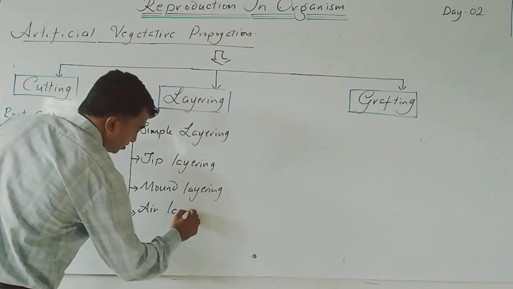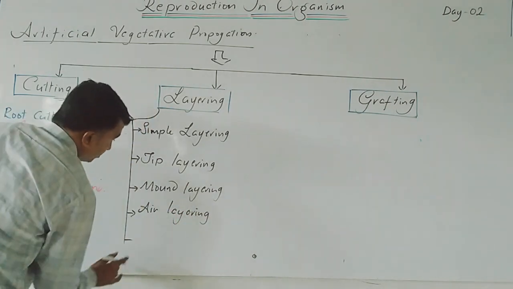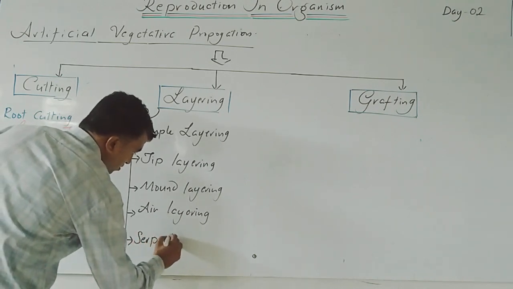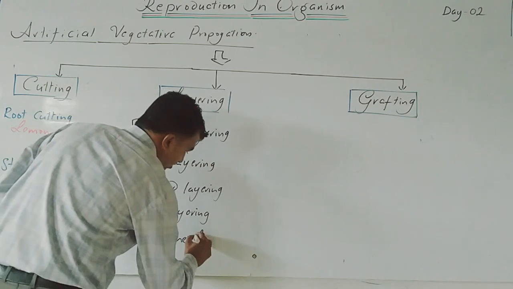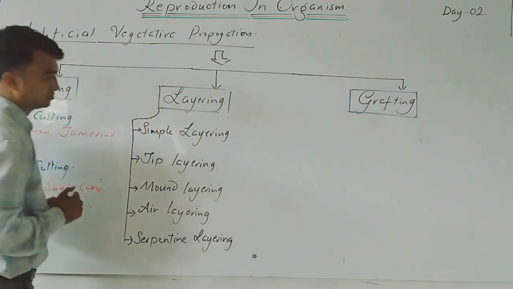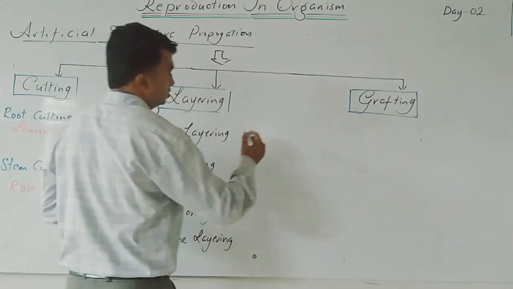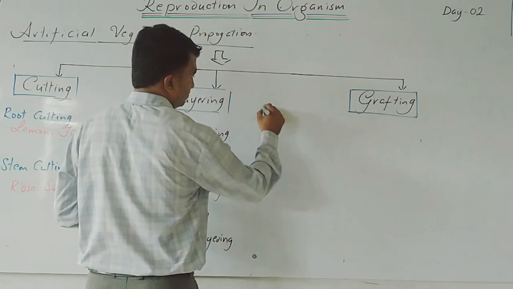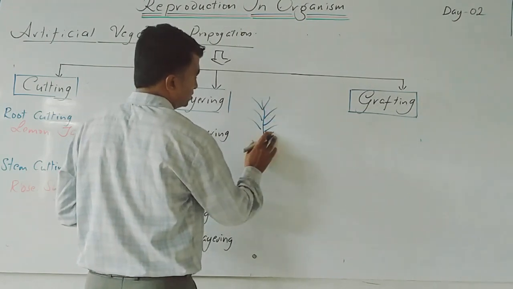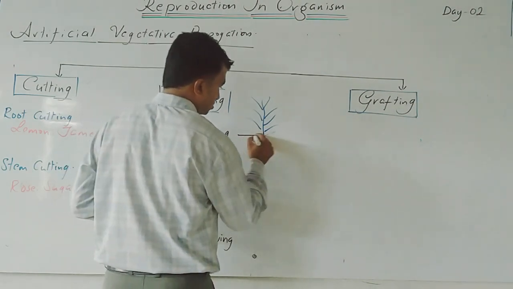Air layering. And serpentine layering. Simple layering means this is a plant that has produced branches, and this is the soil.